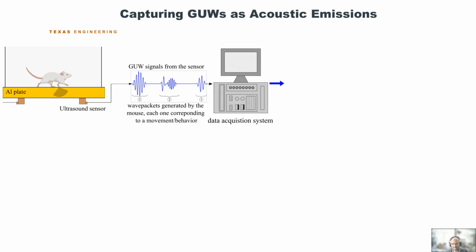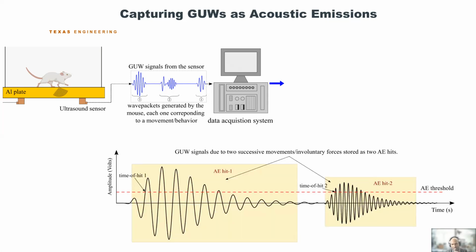So how it does this is, suppose we have two wave packets generated from two different behaviors. We define a threshold in the acquisition system: once the amplitude of the generated wave crosses this threshold, acquire it for a certain duration, the duration of that wave packet, and store it as a discrete quantity.